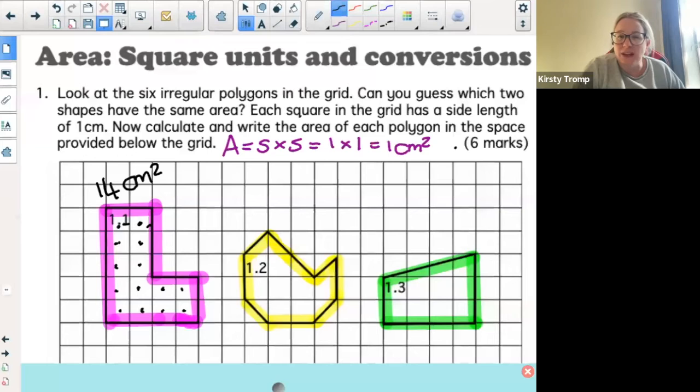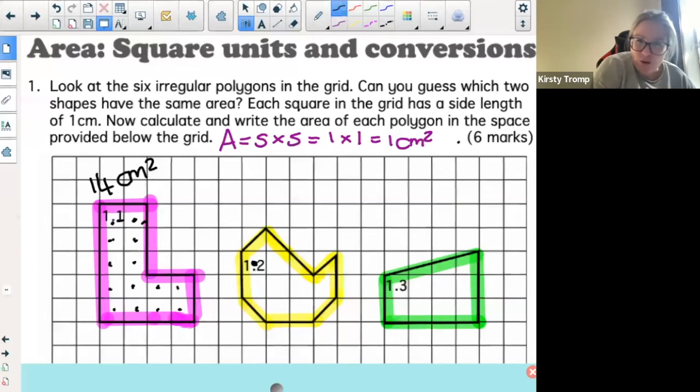All right, Mulalo, I'm coming back to you to see if your unmute's working. Mulalo, you with me? Hi, Mulalo. Oh, there we go. Mulalo, 1.2. What did you get for the area? I got 11 centimeters. Let's go see. So I've got 1.